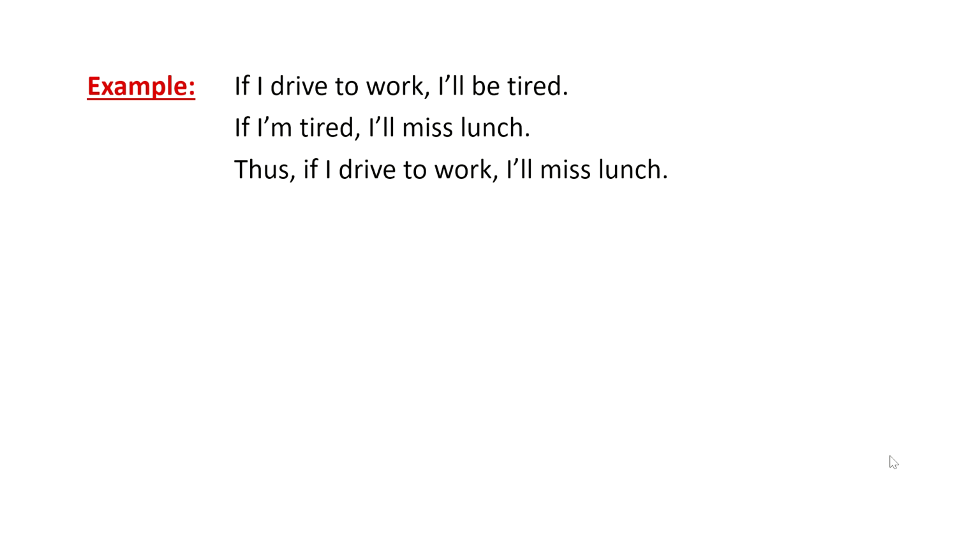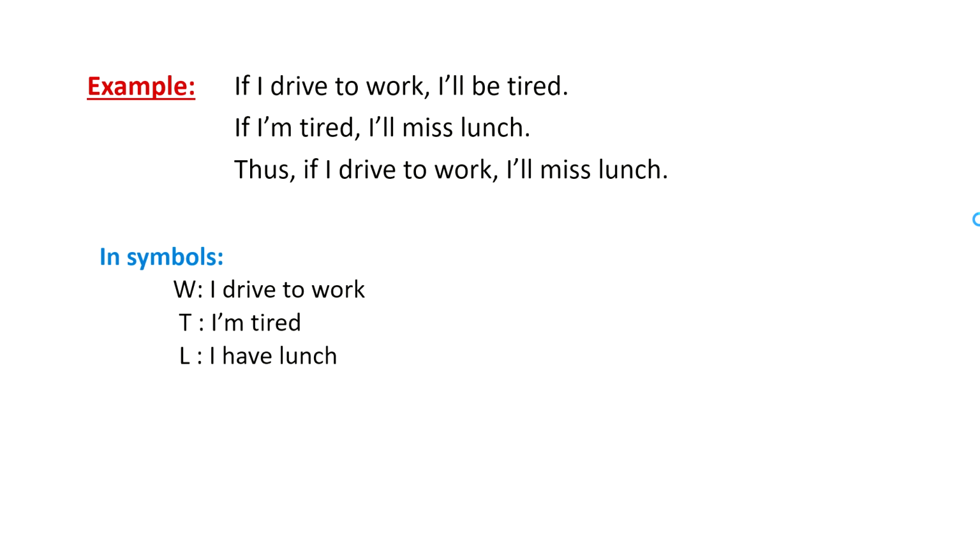So let's convert this into symbols. If you have something that's symbolic, whether it's words like what we have here or whether it's math related, and you want to convert it into symbolic logic, you've got to pick letters. In this particular case, I'm going to pick W to be the simple statement I drive to work, T for I'm tired, and L for I have lunch.